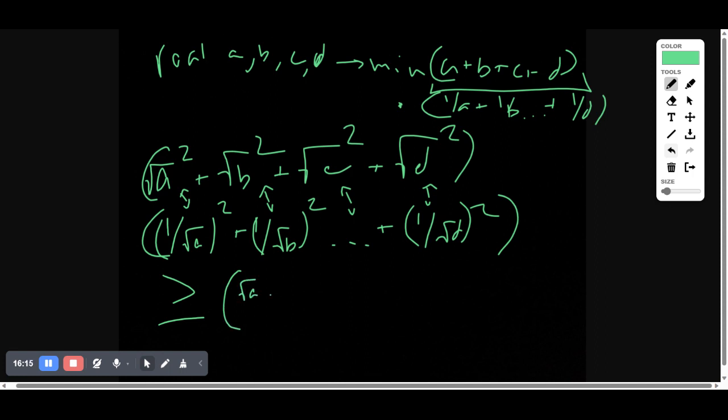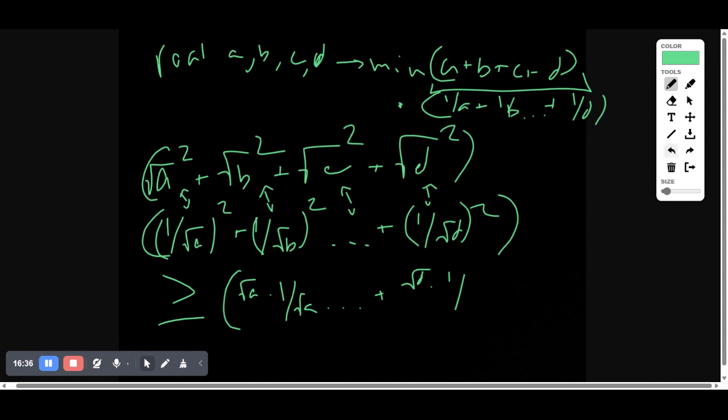So this is just square root of A times 1 over the square root of A plus the square root of D all over the square root of D, or I guess times 1 over it. All squared. This is what Cauchy Schwarz says.